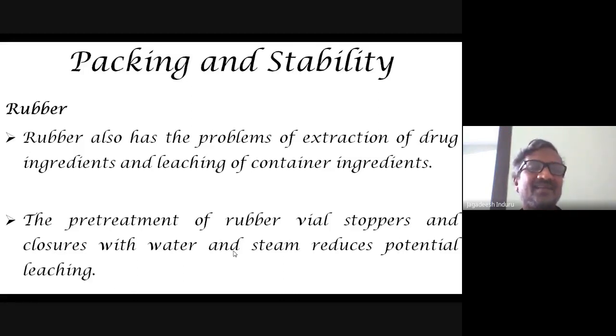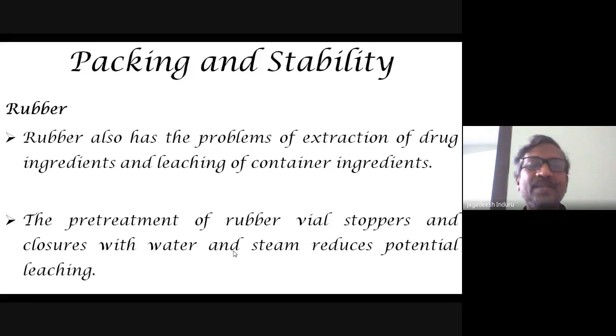The reason is that it absorbs all those solvents. It means that it can absorb our medicament also, and our solvents also. So it will get swollen, or it will take away our medicament and cause damage.